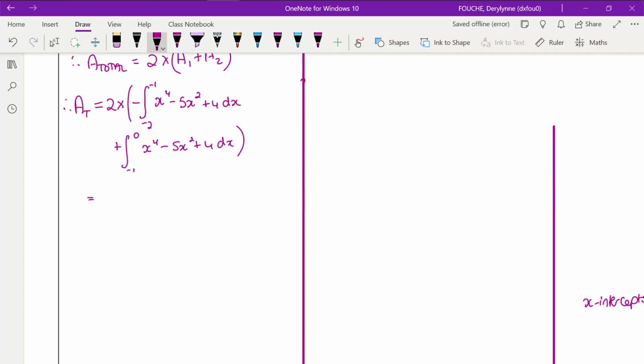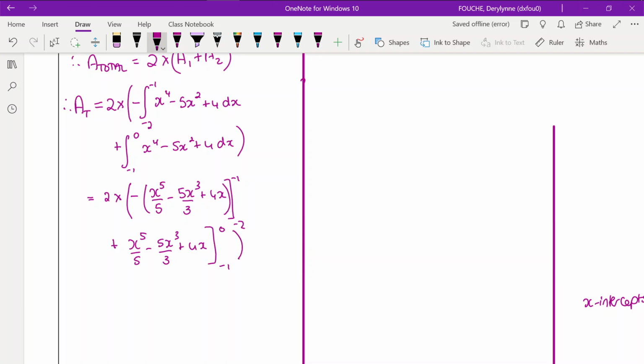And I'm going to do my integration, so 2 multiplied by, still keep my negative out here for now, x to the 5 over 5 minus 5x cubed over 3 plus 4x, and that's going from negative 2 to negative 1, plus x to the 5 over 5 minus 5x cubed over 3 plus 4x, and that one's going from negative 1 to 0.